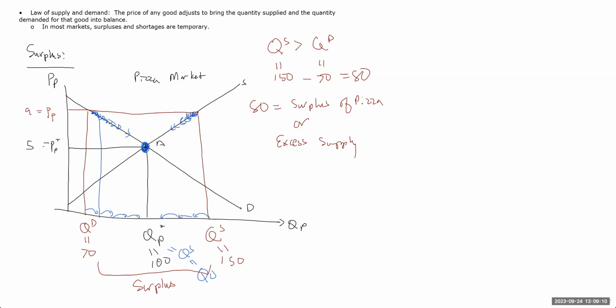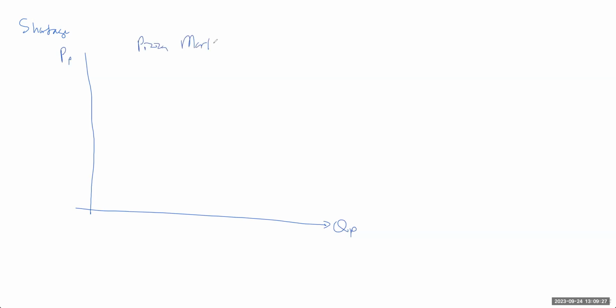All right, now let's talk about opposite day. We're on the shortages. Quantity of pizza, price of pizza, pizza market. Here's the demand for pizza. Here's the supply for pizza.